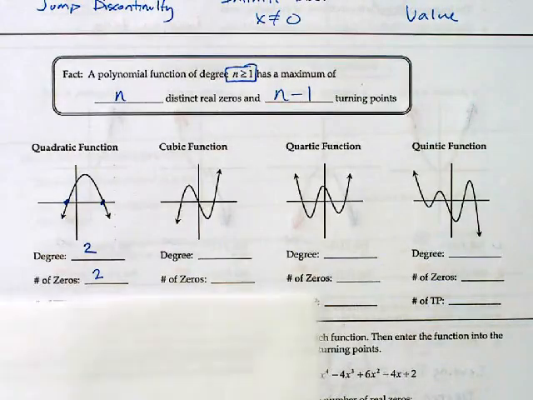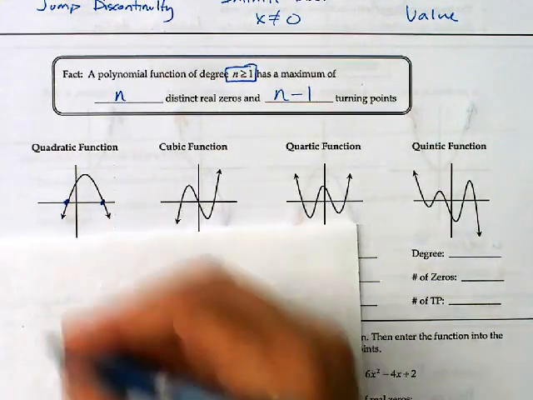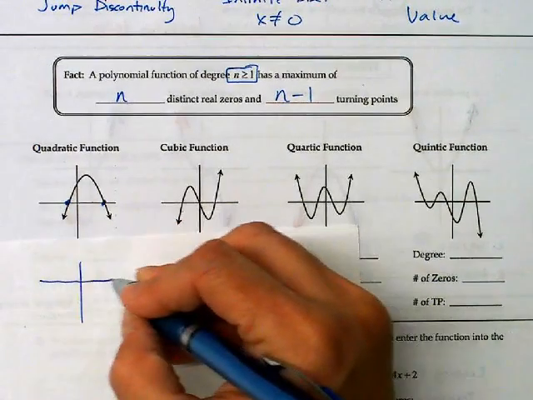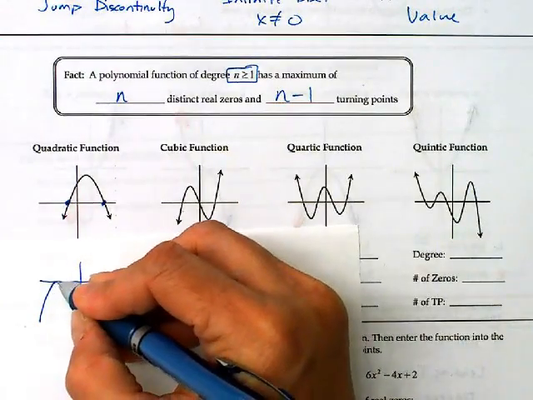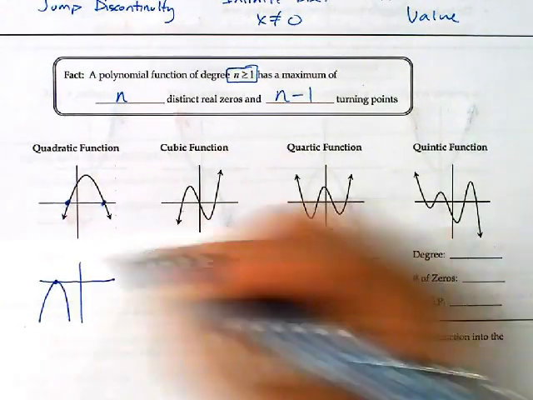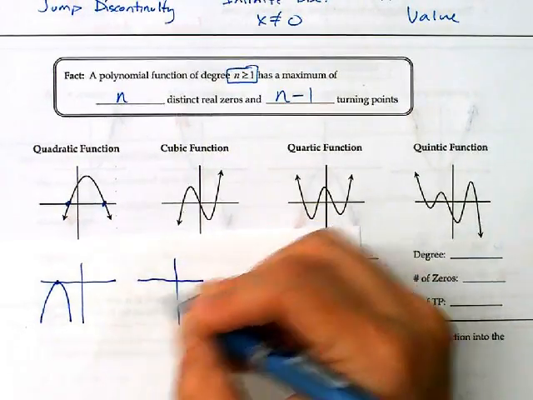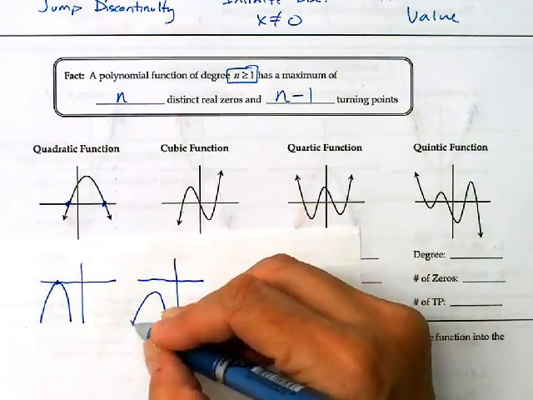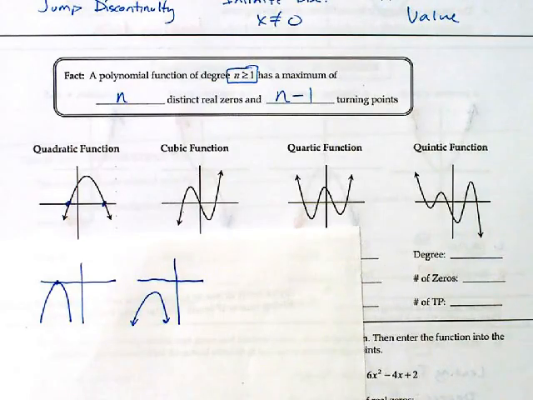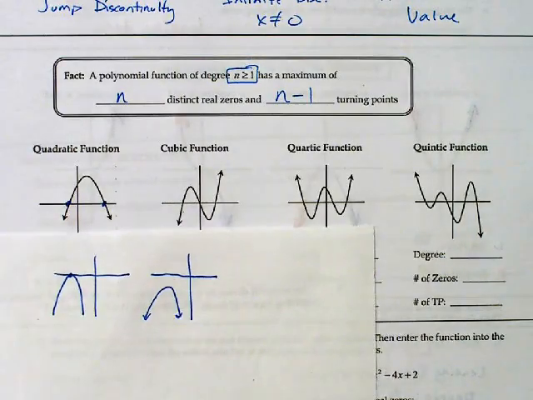We know from experience there could be another parabola out there that maybe just touches the x-axis at one location, would have one distinct real zero. It's also possible for a parabola to never touch the x-axis and have no real zeros, but the most you could have is 2.